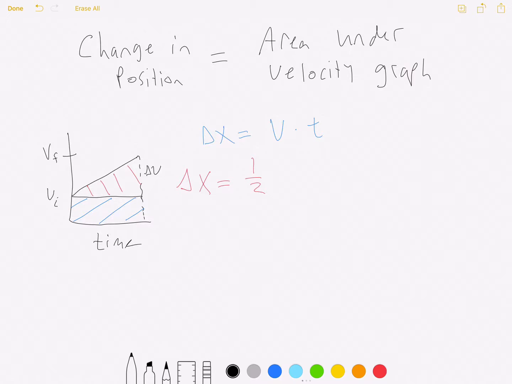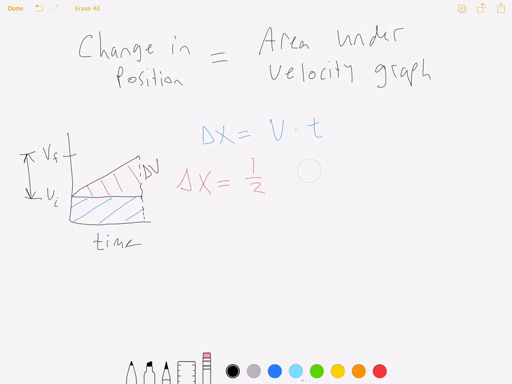So draw that a little bit better here. Right, so this distance right here, that height there is delta v. So delta x equals 1/2 delta v times t.